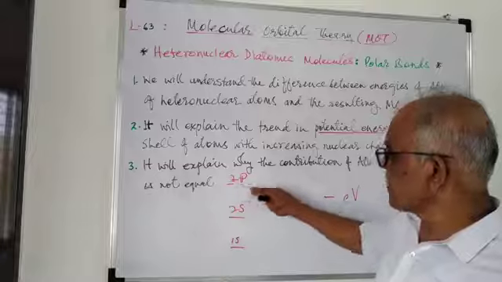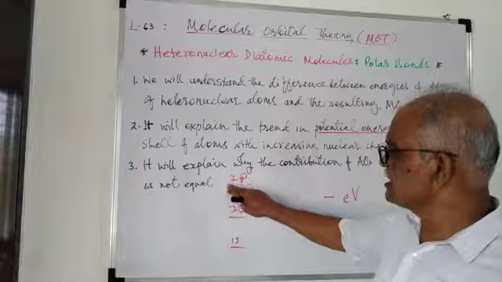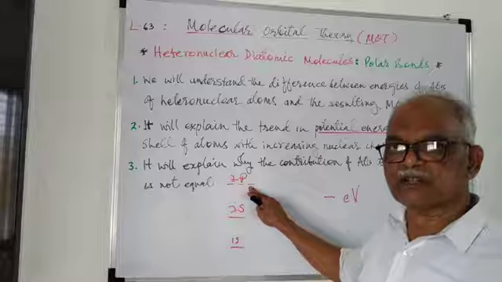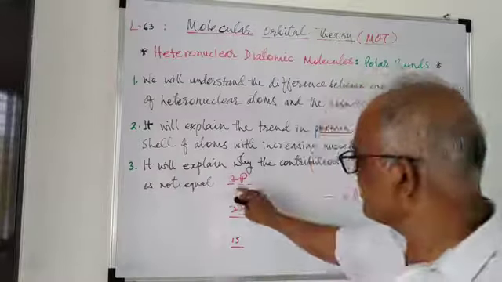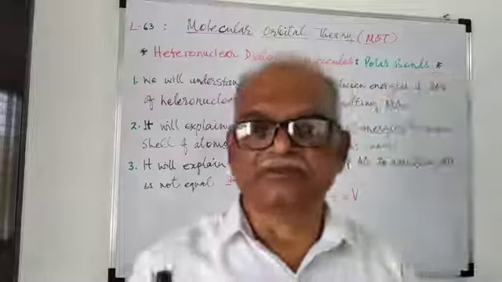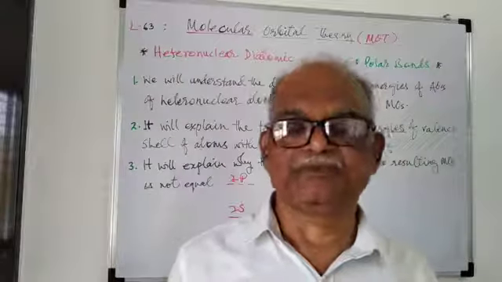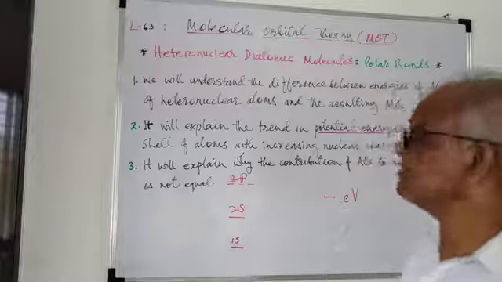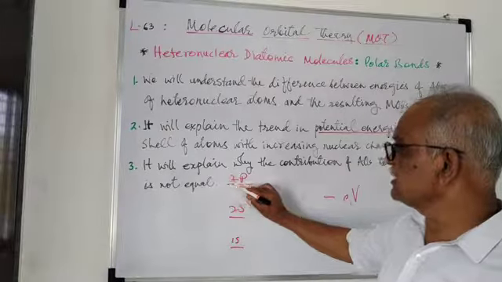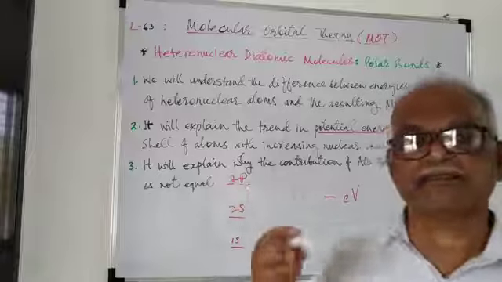Similarly, we can have the 2p energy levels. We can place one to six electrons in these atomic orbitals. But every electron present in these orbitals has a different energy value. Every ionization energy, or we can say potential energy, of each electron present in these three atomic orbitals is different.